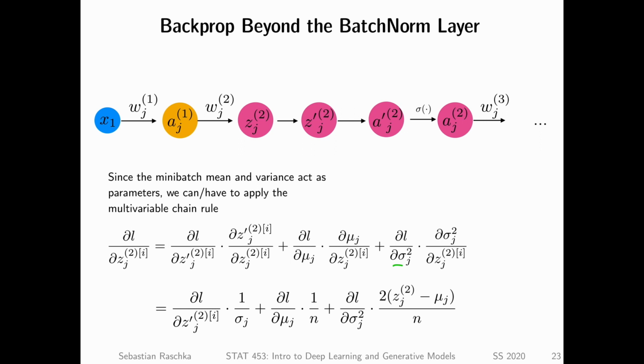So we start again by the loss. Let's say we compute all of this in one step. So this would be the partial derivative of the loss with respect to this part. And then for the next part, we go back here. So this is the second step. This is the derivative of z prime with respect to just z.